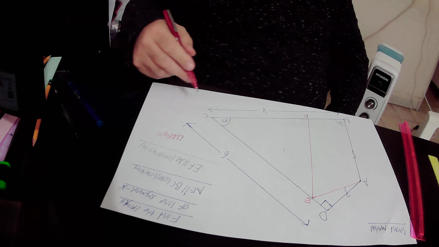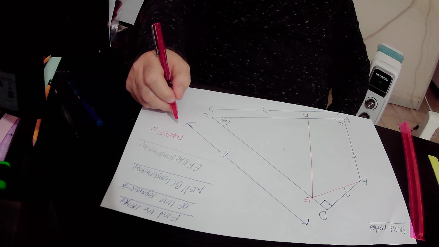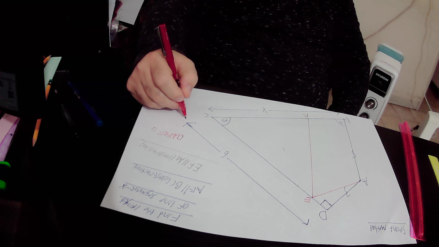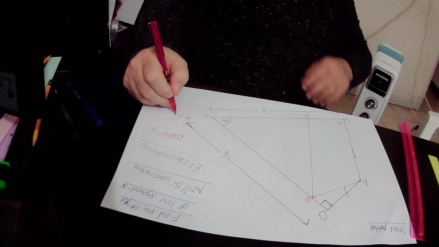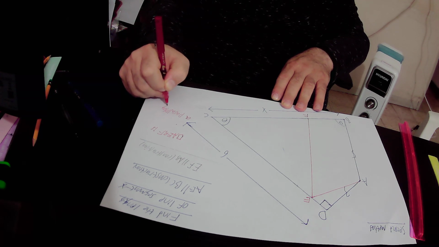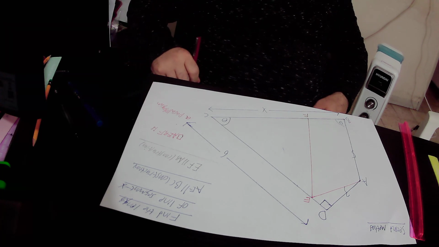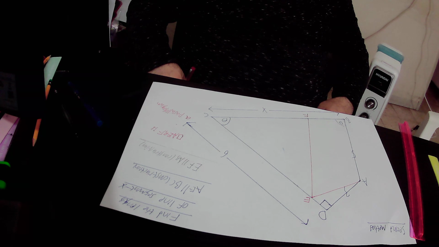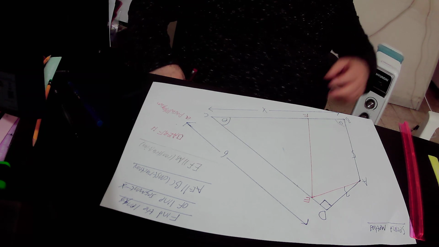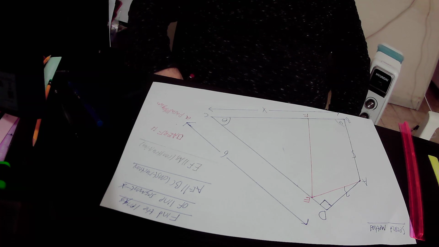Therefore, quadrilateral AEBF is a parallelogram. Any quadrilateral that has two couples of sides that are parallel to each other is defined as a parallelogram, and therefore quadrilateral AEBF is a parallelogram.